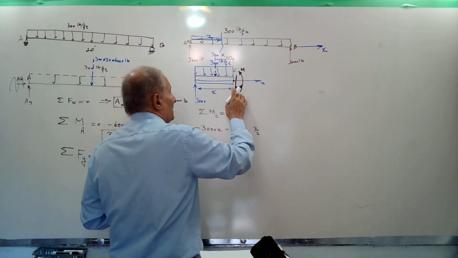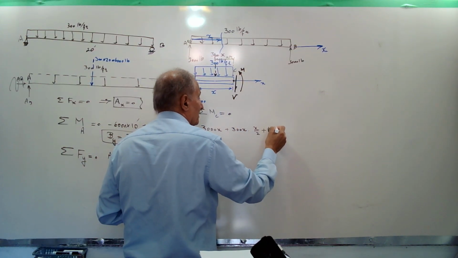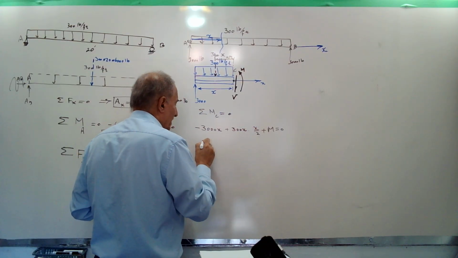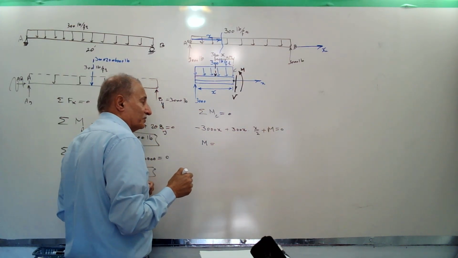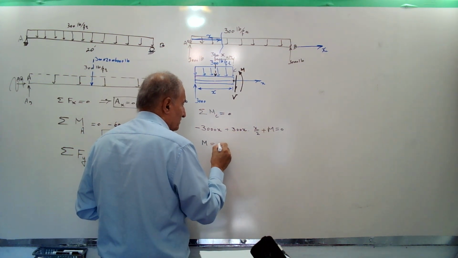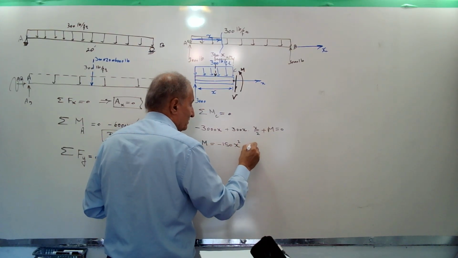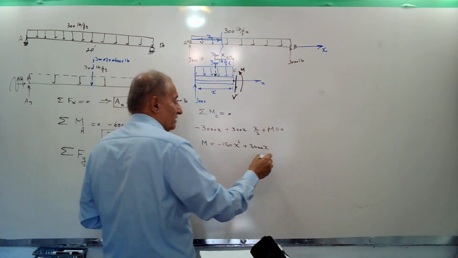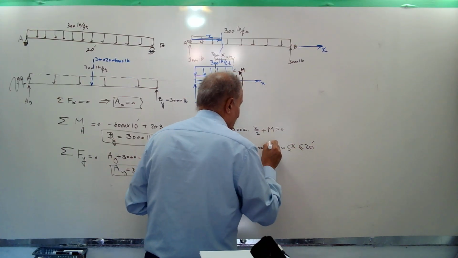And we don't have anything else except M. We add M, counterclockwise positive, equals 0. Let's simplify that, keep M at the left and move everything to the right side. It is M equals minus 150x squared plus 3000x. That's the bending moment equation between 0 and 20 feet.